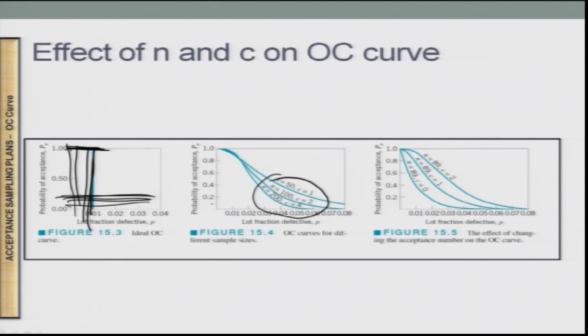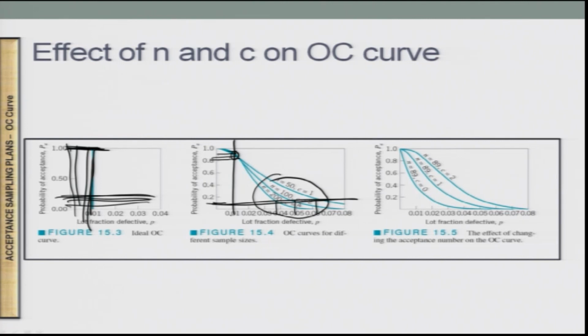If you want to find out, given a beta value, what is the level of p and PA, you will again draw the horizontal and find out the intersection point, based on which you will find out p. And if you are more interested in a given value of alpha, you will go vertically up. Here they are too concentrated so you cannot see them, but there would be different levels of PA values, which will give you the probability of acceptance, and based on which you can take a decision.